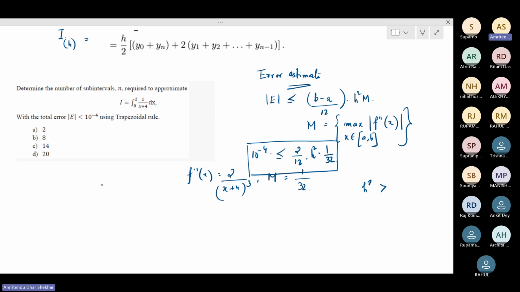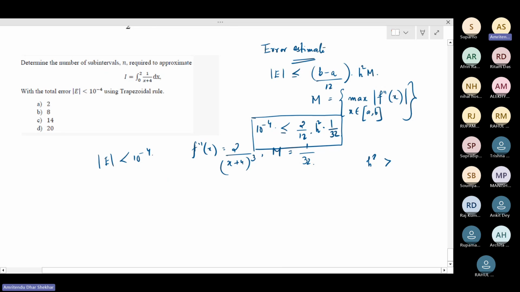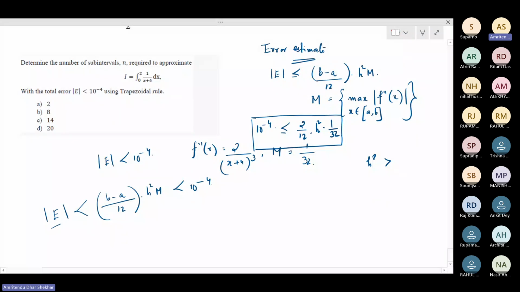Right. So the error term is 10 raised to the power minus 4. If we set (b minus a) by 12 times h squared M to be less than 10 to the power minus 4, then that is a sufficient condition that the error term is going to satisfy this condition.